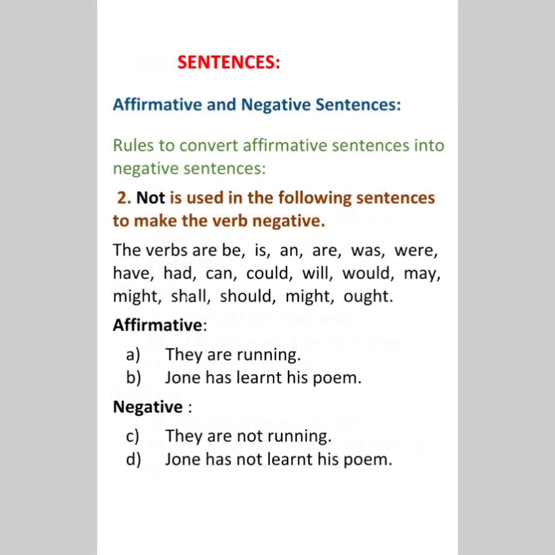Next we see the second rule. Not is used in the following sentences to make the verb negative. The verbs are be, is, am, are, was, were, have, had, can, could, will, would, may, might, shall, should, ought. Affirmative sentences: they are running.